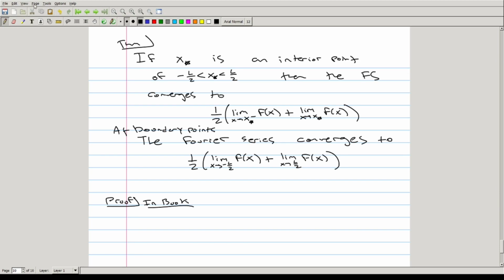So I will go through and do a specific example. Let's consider the square wave.